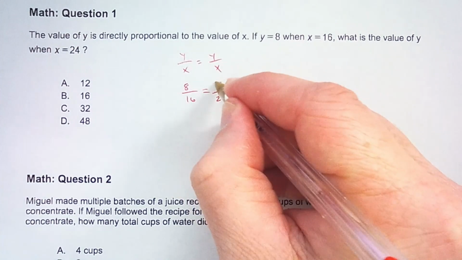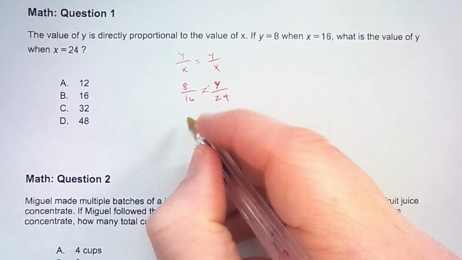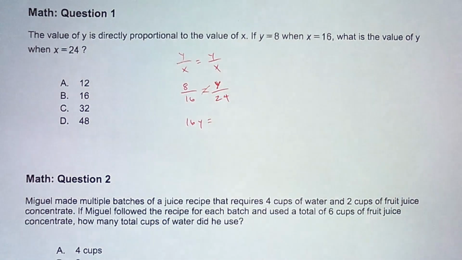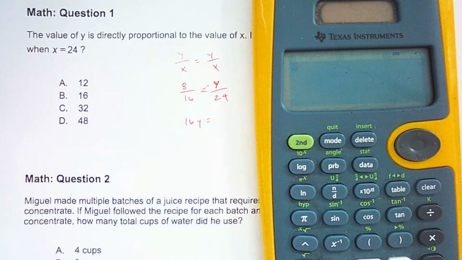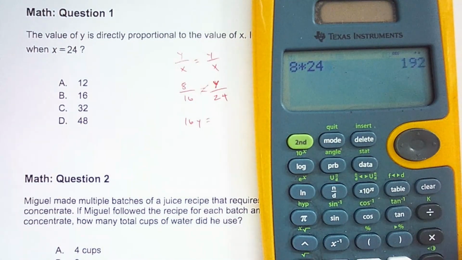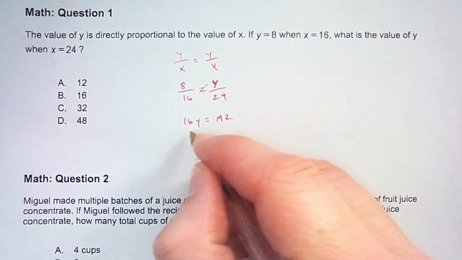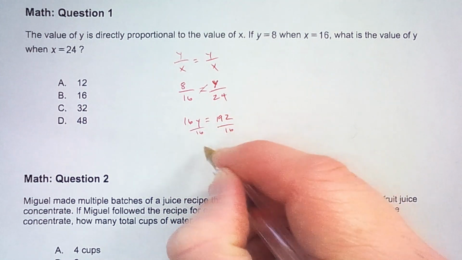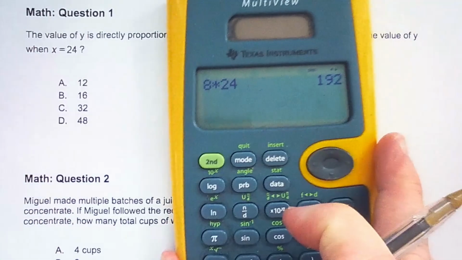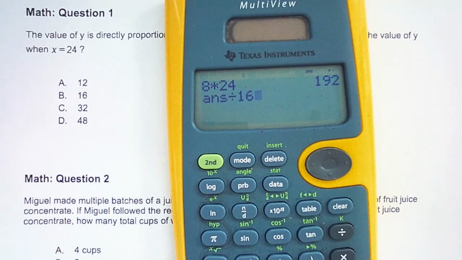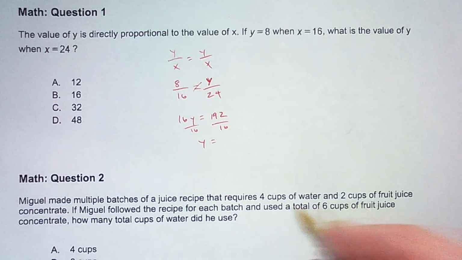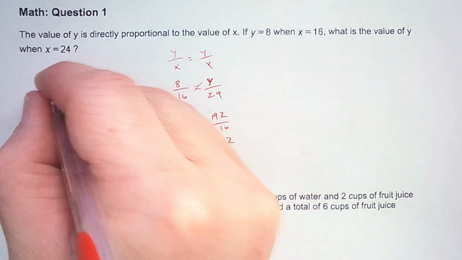Okay, so we can cross multiply and we'll get 16y, and 8 times 24 is 192, and we'll divide by 16. 192 divided by 16 is 12, so we get y is 12, option A.